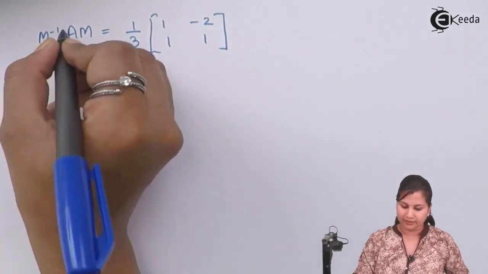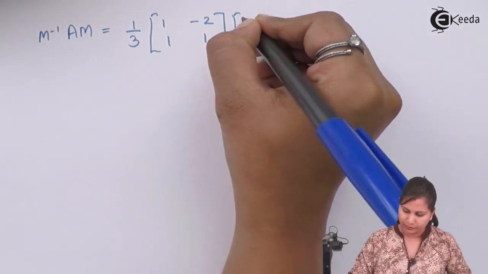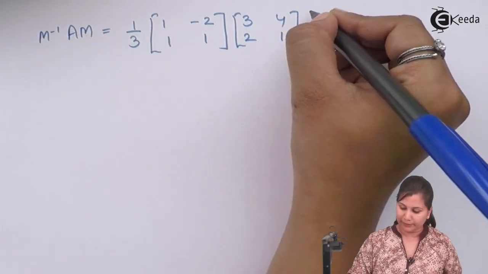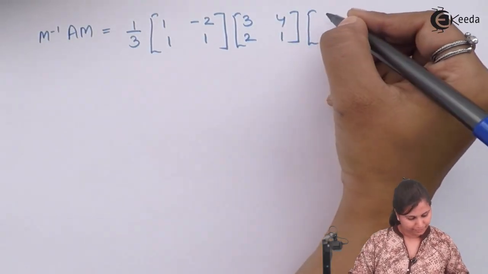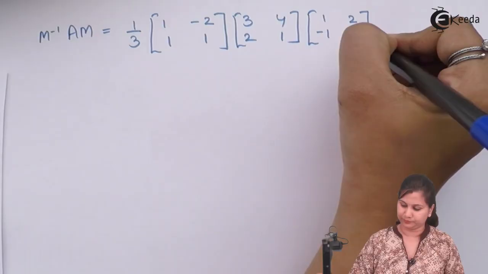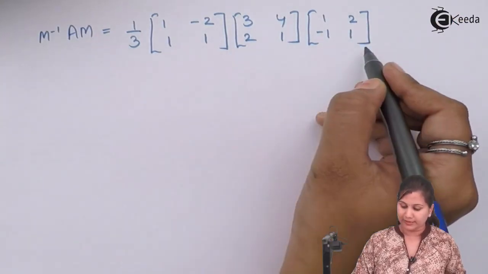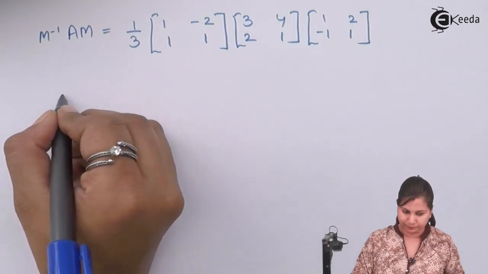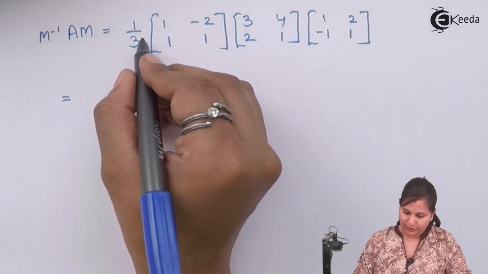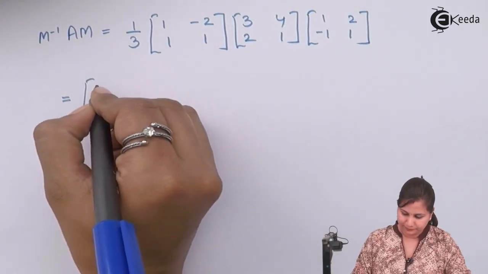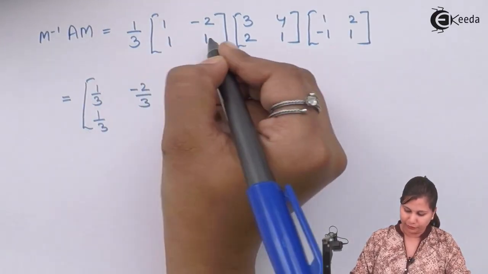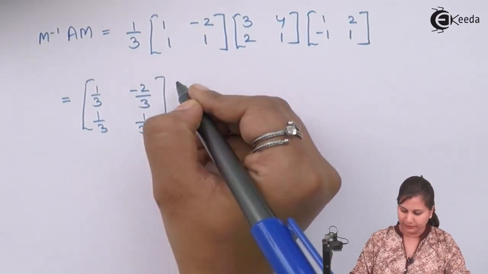Then we are going to write the A matrix, which is 3, 4, 2 and 1. Then we are going to write the M matrix, which is 1, 2, minus 1 and 1. We have written all the matrices, we have to just multiply them. So first we are going to multiply this 1 by 3 inside. One by 3 into 1 is 1 by 3.